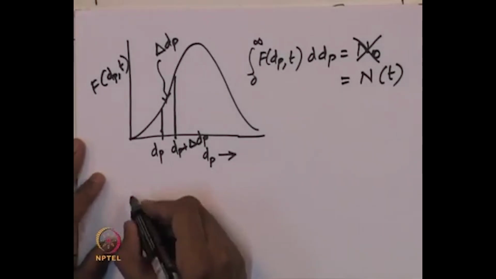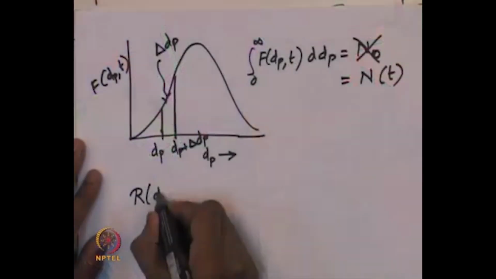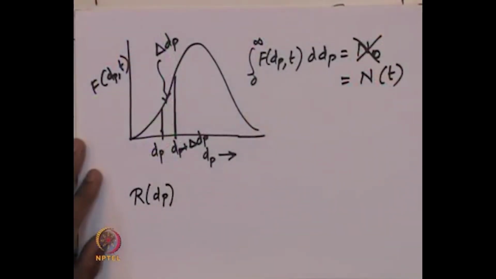Now, one other quantity which is required in order to model this system is the growth rate. Suppose r of dp is the growth rate of every particle, and of course, it depends upon the size of the particle itself.